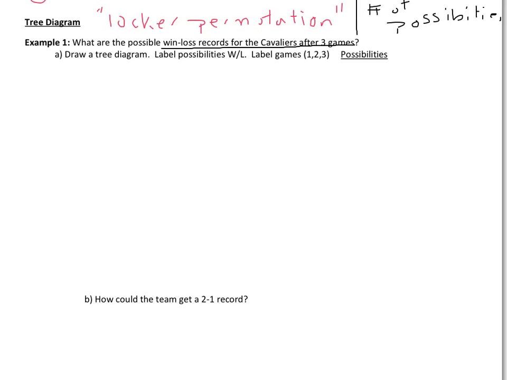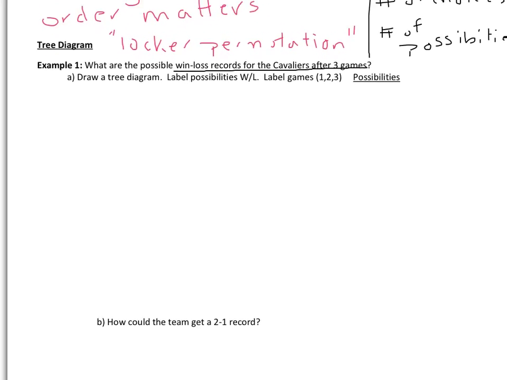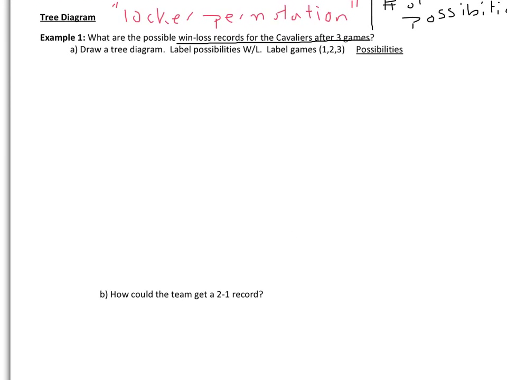What we always start out with are our events, or our number of possibilities. So we're talking about 3 Cavalier games. My 3 events, my 3 things that are happening, are game number 1, game number 2, and game number 3.